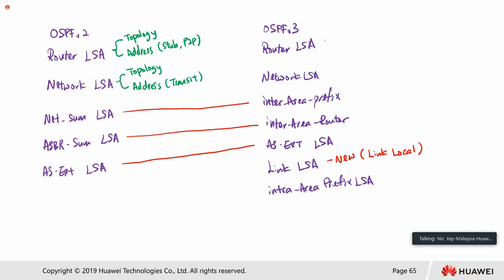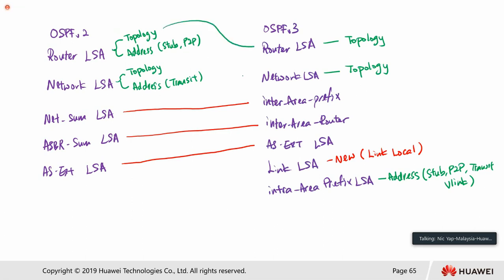Now for OSPFv3, this one only shows the topology. Under the intra-area prefix, they show the addresses of the stub, point-to-point, transit, and also virtual link. So topology maps to this, and the address mapping maps to this.